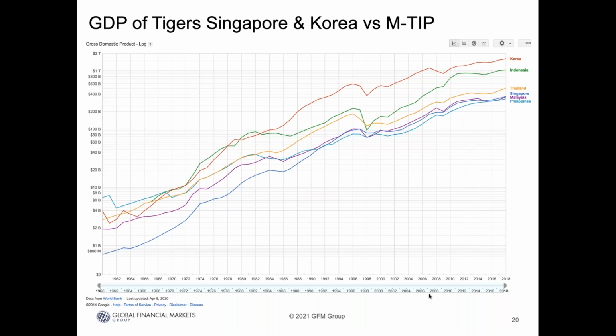One is if you go back to the 1970s, perhaps not surprisingly, Indonesia's economy was larger than that of Korea's. In fact, Korea was almost kind of average in this list if you go back to the 1960s. So Korea has seen much stronger economic growth and now has an economy twice the size of Indonesia's, despite the fact of having only a quarter of Indonesia's population.